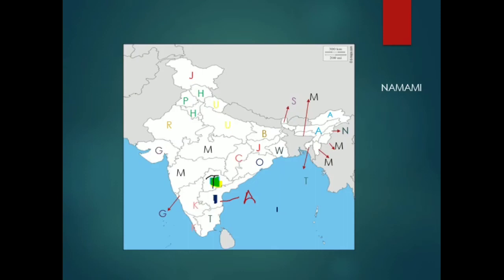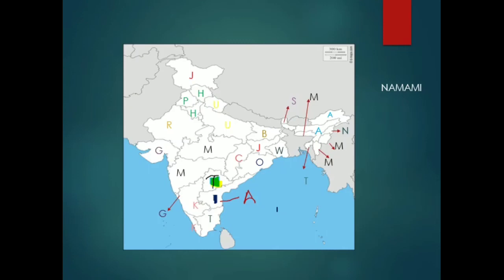Write all the states in alphabetical order and see how many states there are for each letter. For example, for letter A, how many states are there? Here you can count, there are 3 states: Andhra Pradesh, Arunachal Pradesh, Assam.